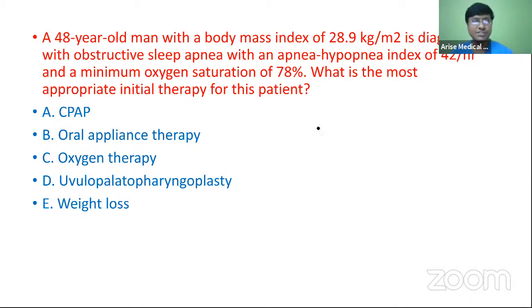What is the diagnosis? First of all, body mass index is 28. Apnea hypopnea index is 42. Oxygen saturation is 78%. So this is a case of obstructive sleep apnea.